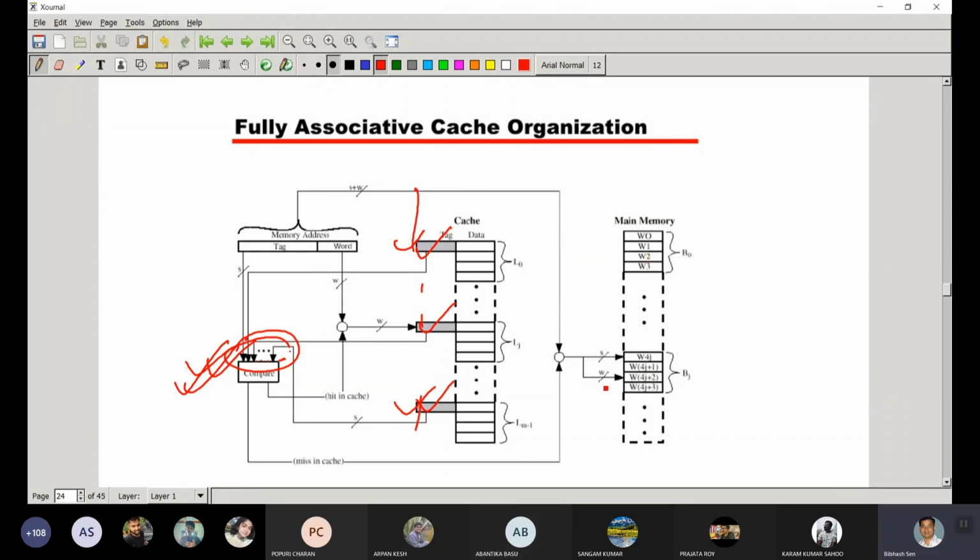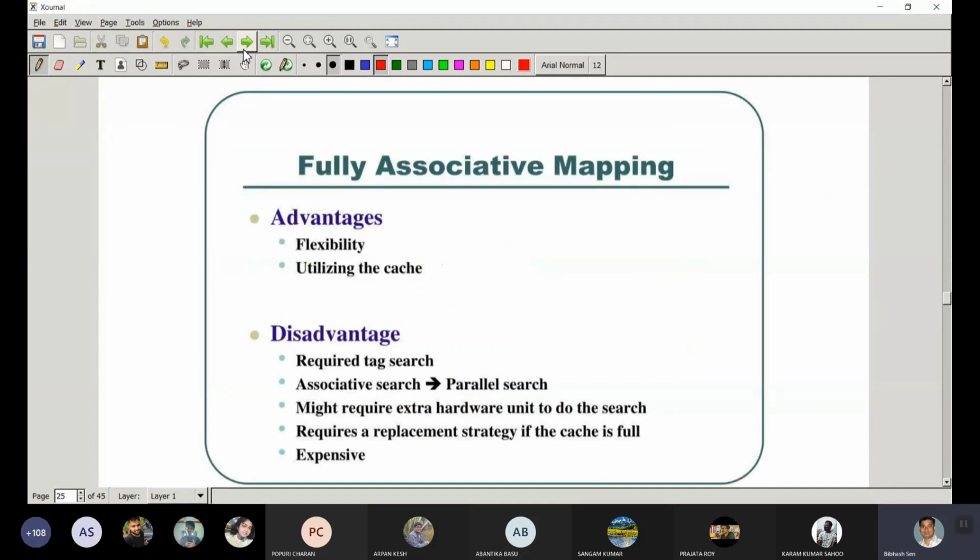Here you can see that the S bits are directly converted to the tag. The block offset is the O. Now the tag is directly the main memory block address. So this is one thing in associative mapping. The advantage is flexibility.